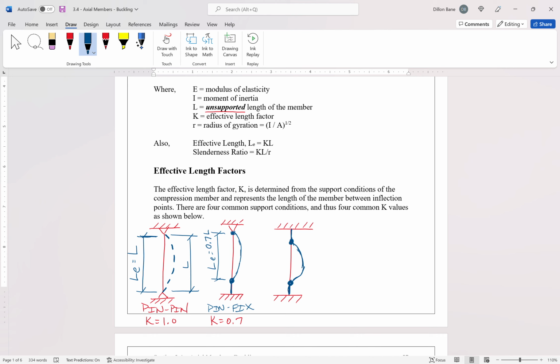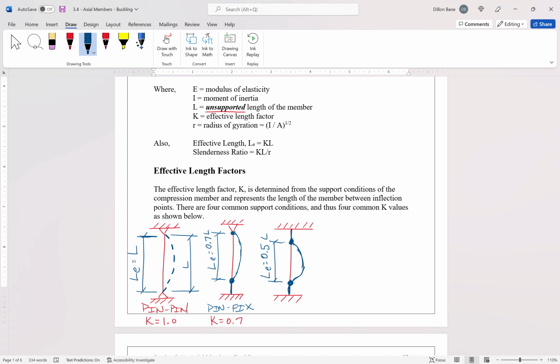Again, through long differential equations and theoretical calculations that we're not going to bore you with in class, the effective length of this column, L sub E, the distance in between inflection points, becomes 0.5 times the original length L, right? So I'm going to make that 0.5 a little better there.